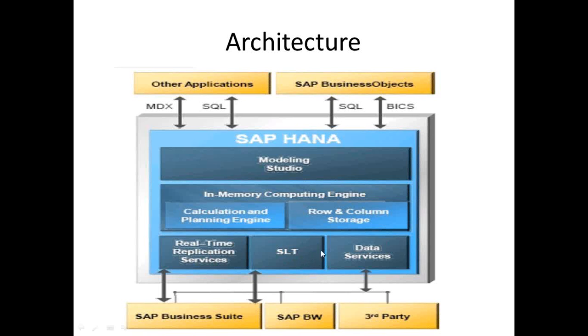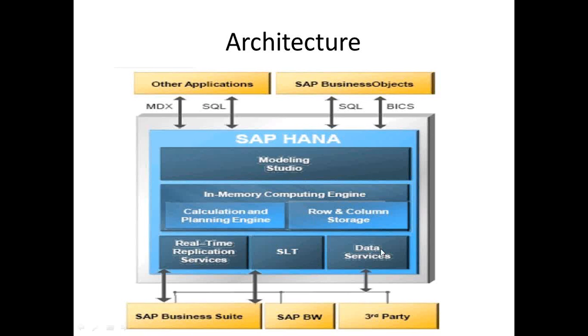The second option is SLT, SAP's Landscape Transformation Server. So you could bring in data from any SAP system, and from Service Pack 5 onwards you could use even some databases to move into SAP HANA. It has the capability of transformation, but transformation is done in core ABAP, so it gets a little difficult.